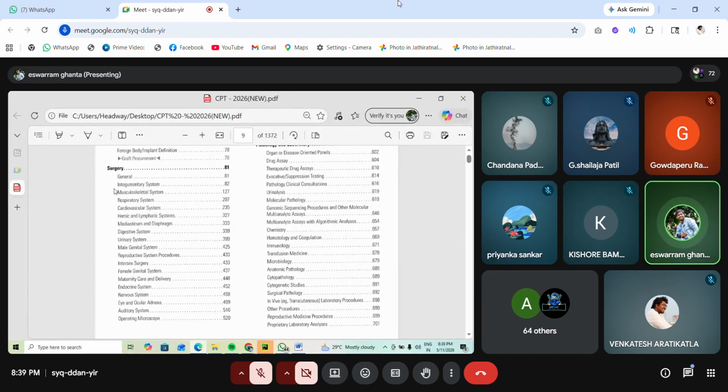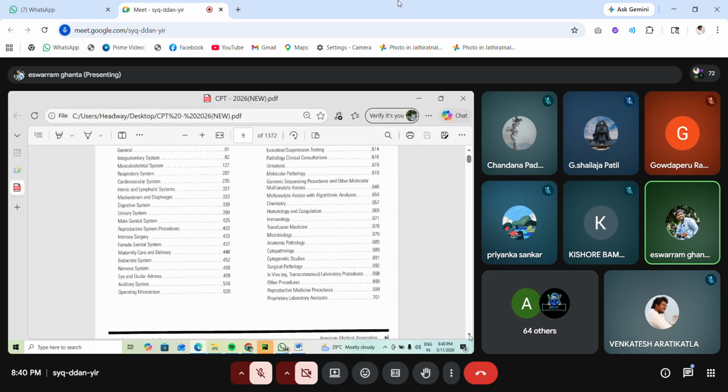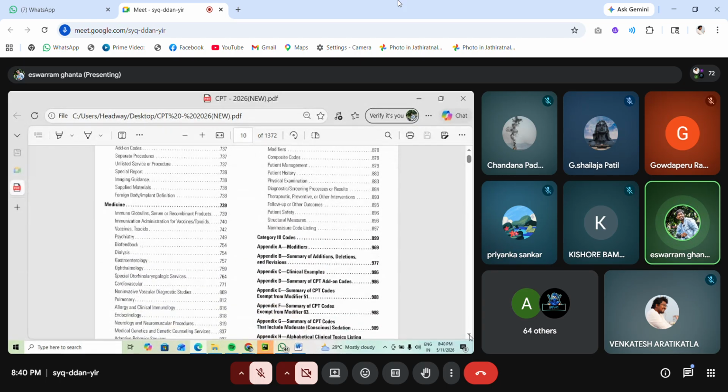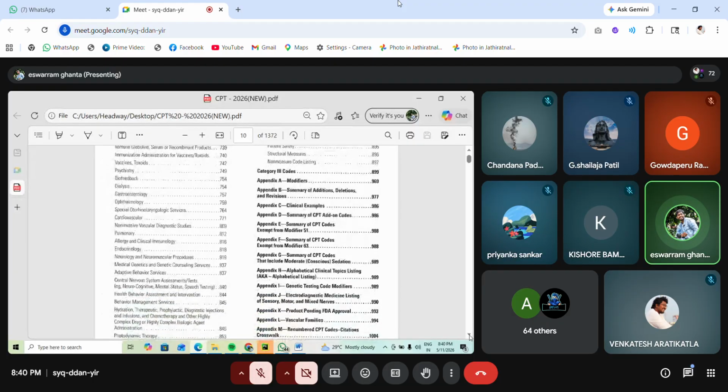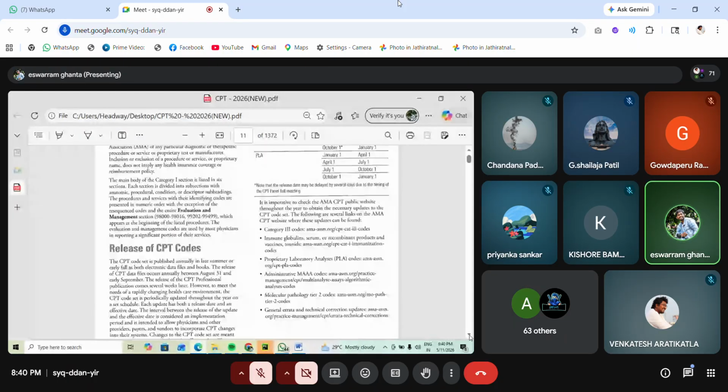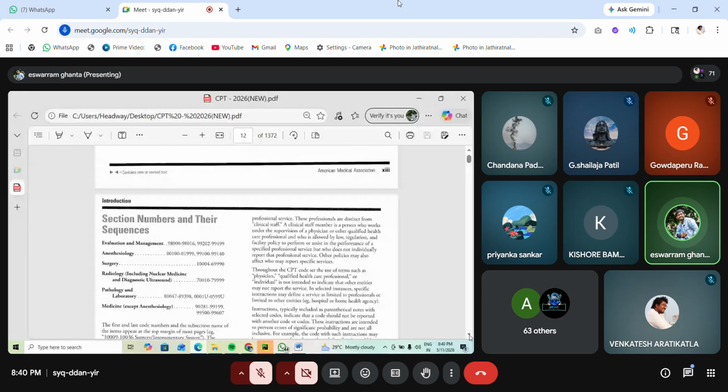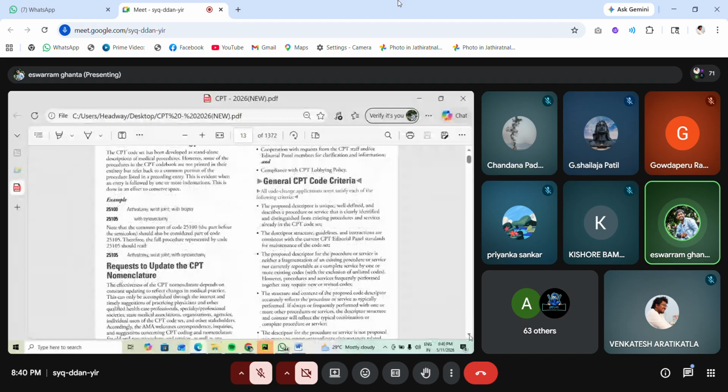The surgeries done for the skin are in the integumentary series. 10,000 series, 20,000 series, 30,000, 40,000, 50,000, 60,000, 70,000. Likewise, all these codes are divided system wise. Okay, medicine guidelines. Next, appendix A modifiers.